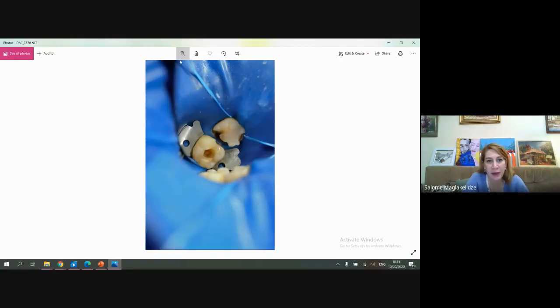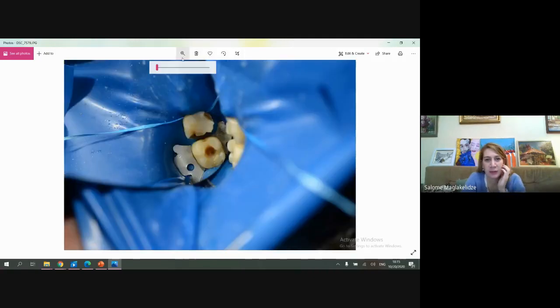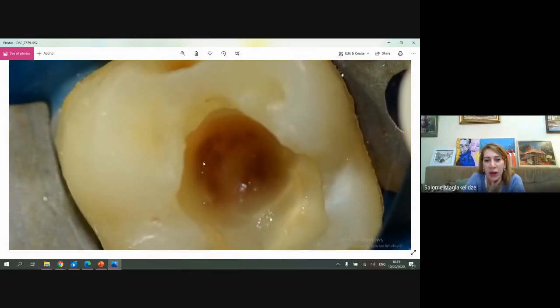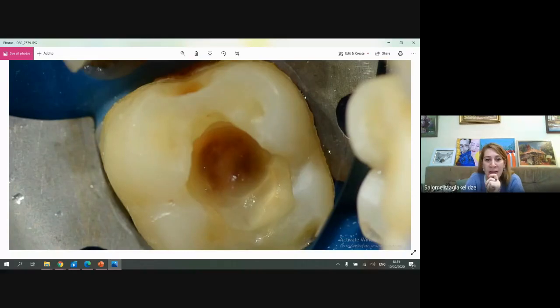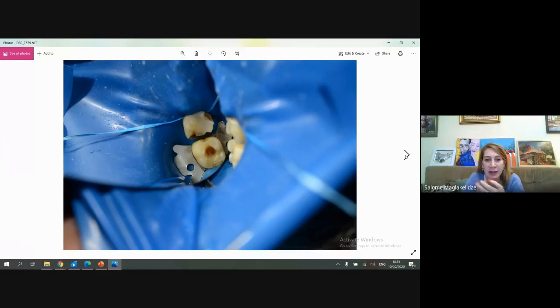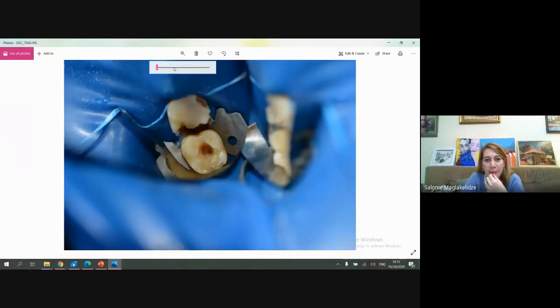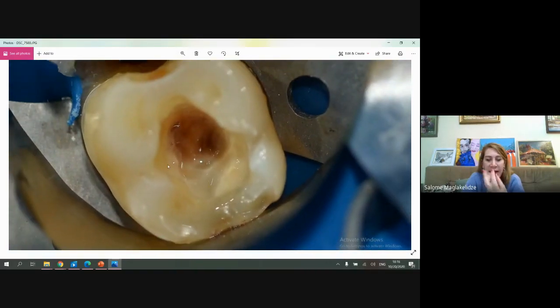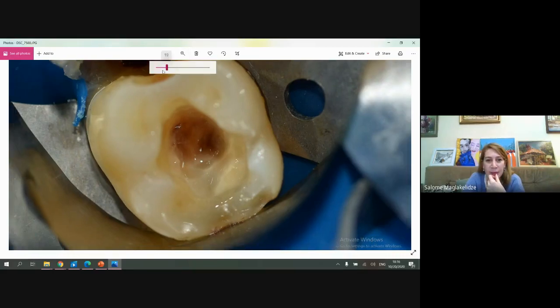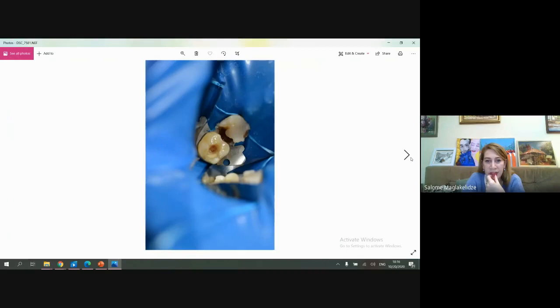Yes, this is already cleared, and now you could see the color is still brownish, but you could see how sparkly it is, and you will feel this kind of dentin with the probe, very sound and non-sticky. So this is a very good part for you to understand the color, and tactile sensations are a very good manifestation of the tissue status. And here now you could see how sparkly it is, yes?